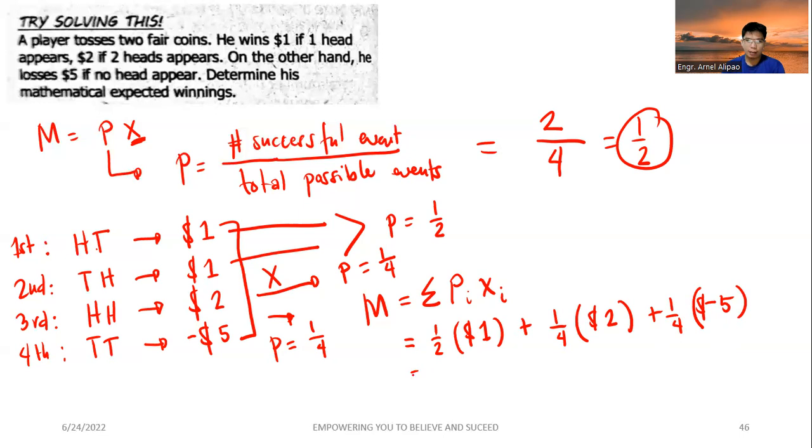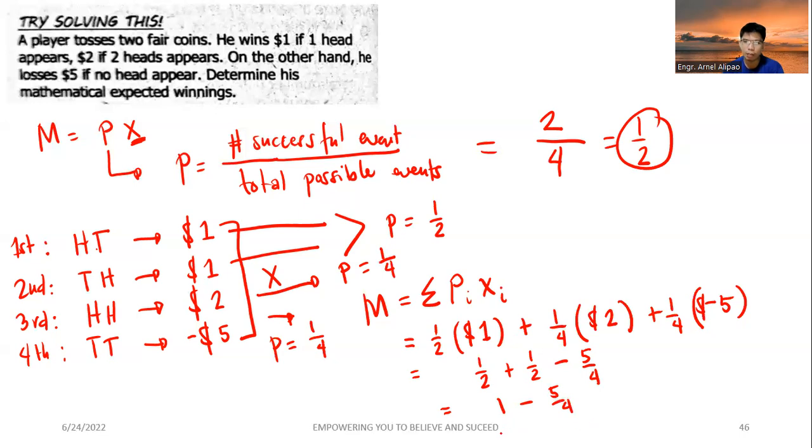I hope it's clear. And let's simplify: 1/2 times 1 is only 1/2, plus 1/4 times 2, that is 1/2, and then plus 1/4 times -5, so that's -5/4. Simplifying further, we have 1/2 plus 1/2, that's 1, minus 5/4.